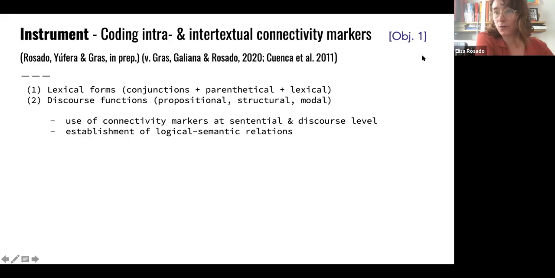As for discourse function, we consider these forms for forming propositional contents, the relations established between them, structurally organizing the text, and modal markers, marking, so to say, the perspective, the implication of the writer in the text. I'll show you an example in a minute.